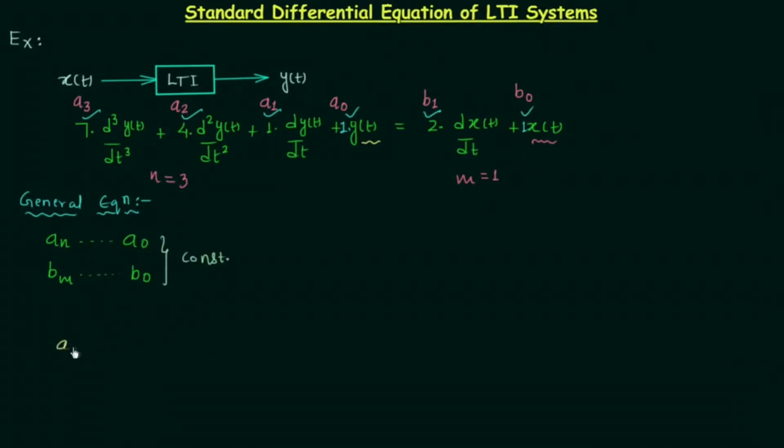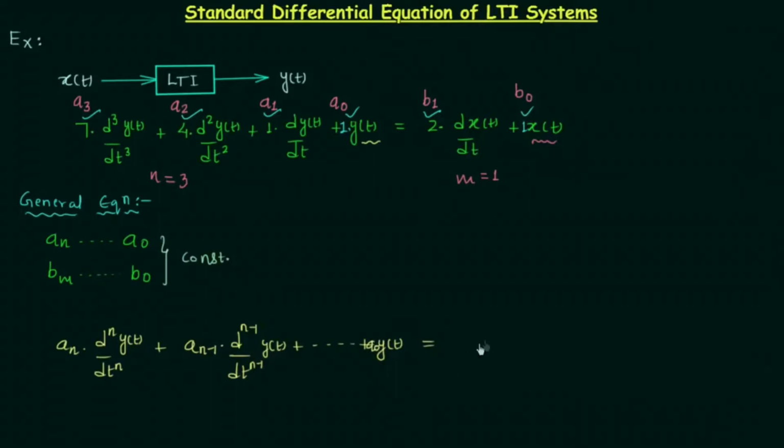We have a sub n, which is the coefficient, multiplied by the nth derivative of output y(t), plus the preceding term will be a sub n minus 1 times the (n minus 1)th derivative of output y(t), plus all the way to output y(t), and here the coefficient will be a sub 0.